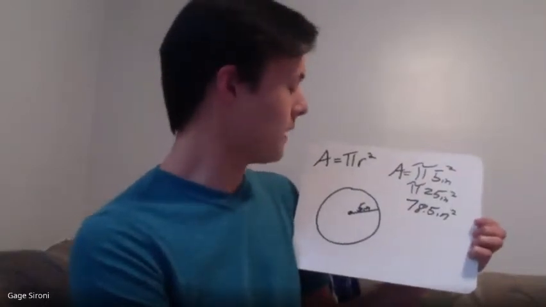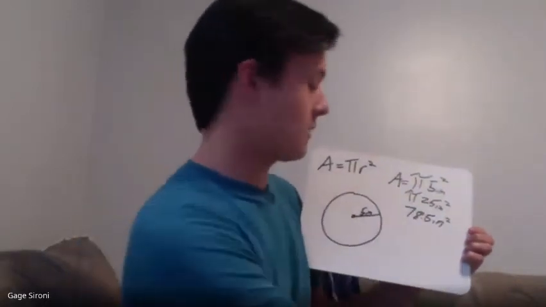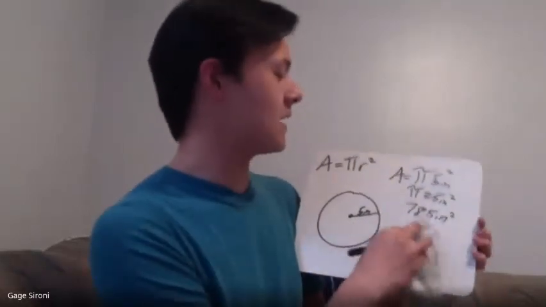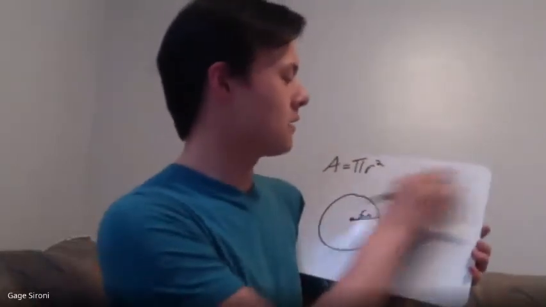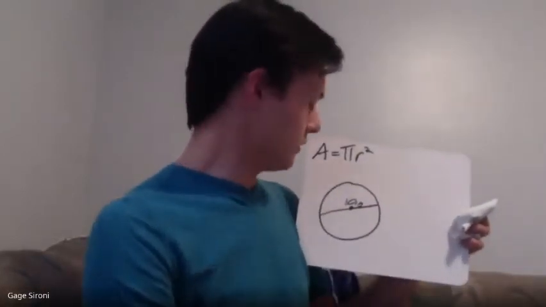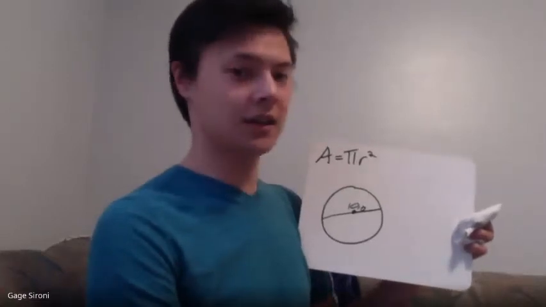All right? If, on the other hand, I've been given a diameter instead and asked to find the area, just like this, I just have to use the relationship between a radius and a diameter.